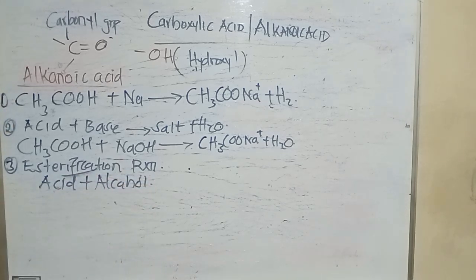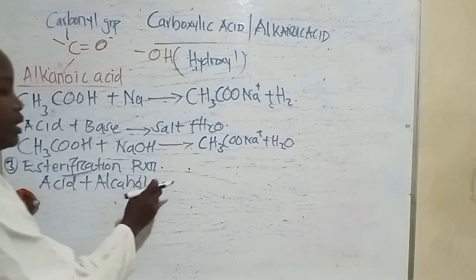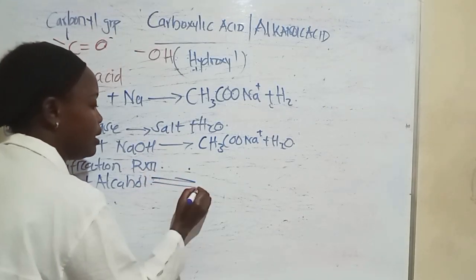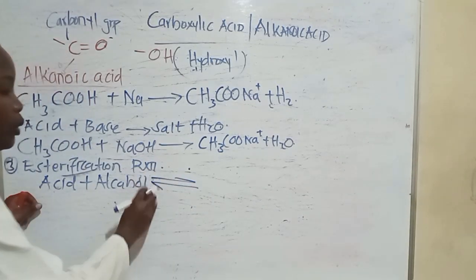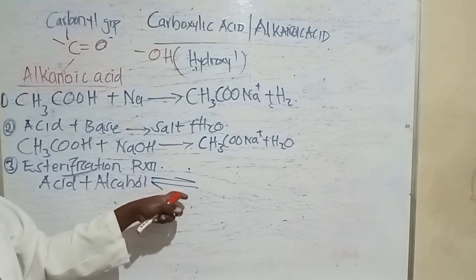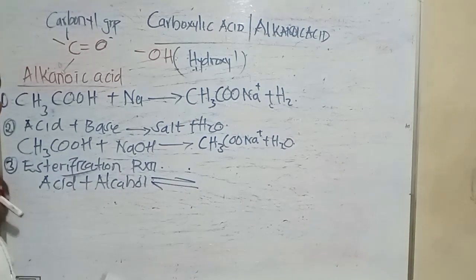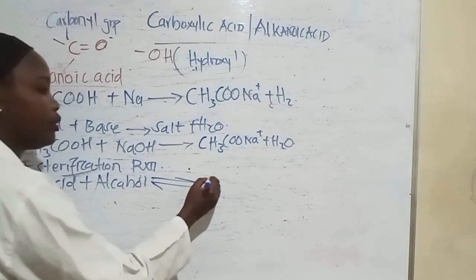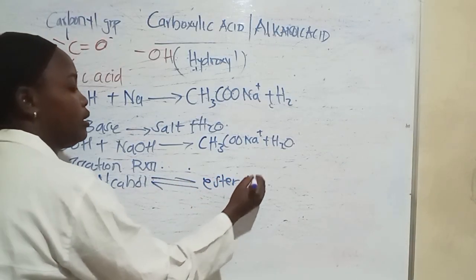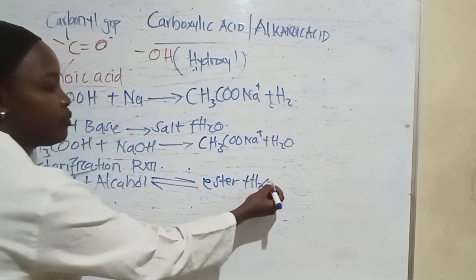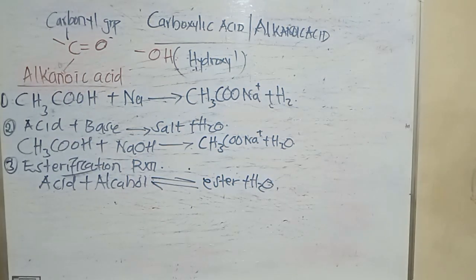Okay? So what do you form? This is a reversible reaction, okay? So that's why you can see we have the incomplete arrows. It's reversible, where you're going to form an ester and water.